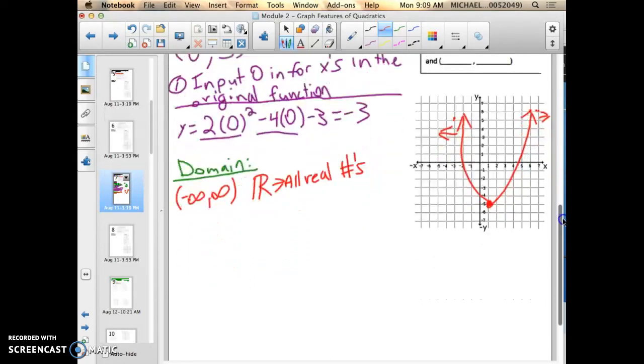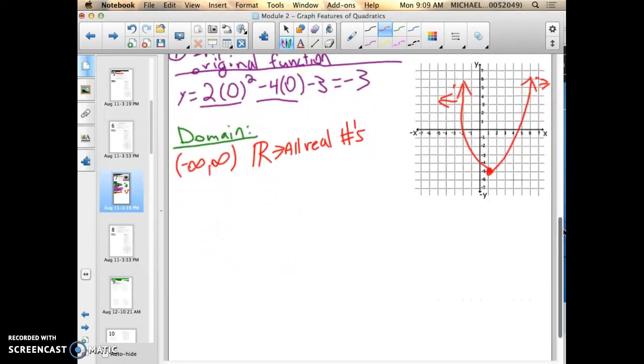Now, range is very similar, but range, if you remember from the first video when we talked about this, is the y values, or the y-axis, or the vertical movement. You start with the floor, so the basement. You always start with the floor. Think of a house: you walk on the floor first, and then you go to the ceiling, all right?